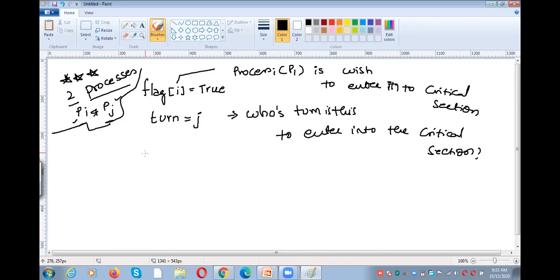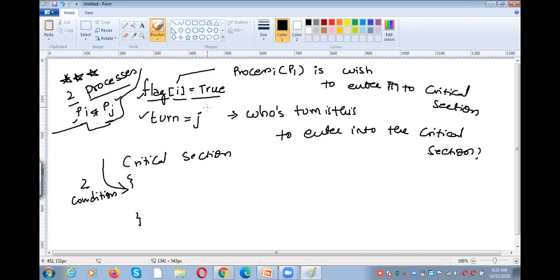The operating system has to check these two conditions. Whenever a process is willing to enter into the critical section, you need to check the two conditions. What are those conditions? The flag is set to true.